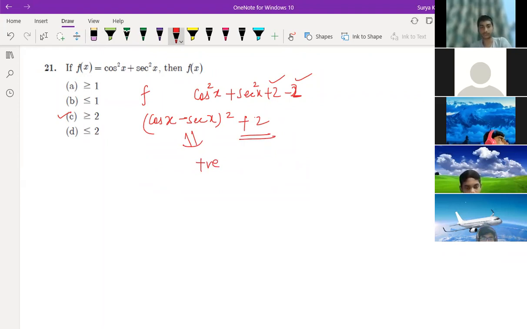Next question is assertion reasoning, that is the 22nd question, 23rd. This value part is very easy. Nothing is there. Cot theta, then find the value of sine theta.